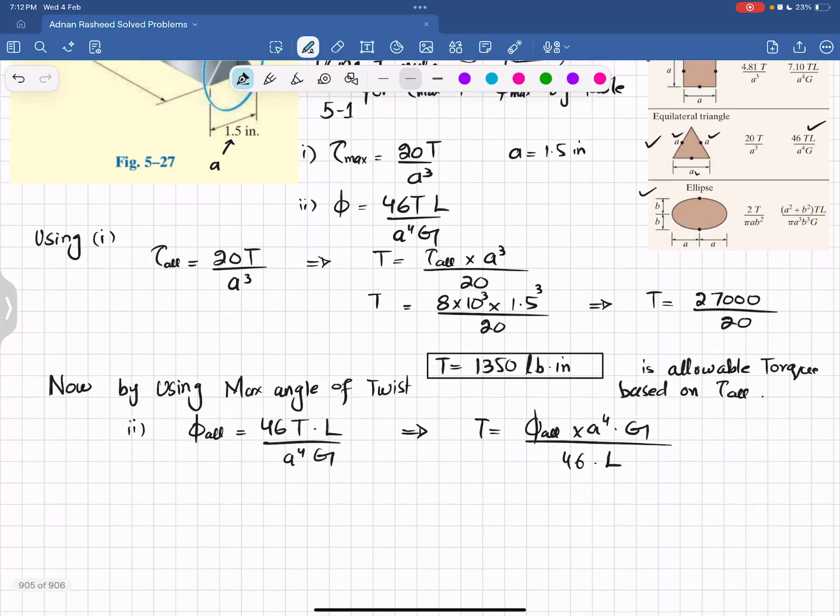Clear? And we will write T is equal to 0.02 times A, which is 1.5 power 4.